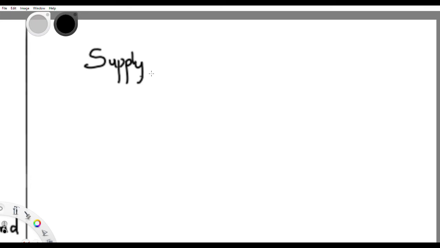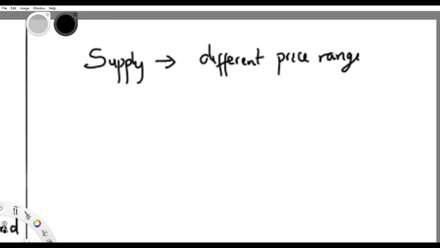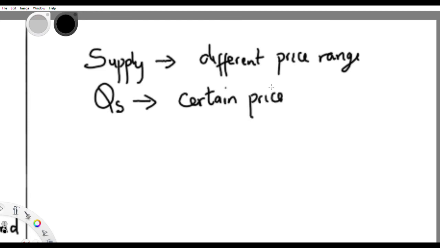So for supply, the same thing that applies to demand still applies here. Supply is just the quantity of goods and services suppliers are able to sell at different price ranges. And when you are now talking about quantity supplied, this one is the willingness of a seller to sell at a certain price, that is the amount of goods and services a supplier is able to sell at a certain price in a given period of time.